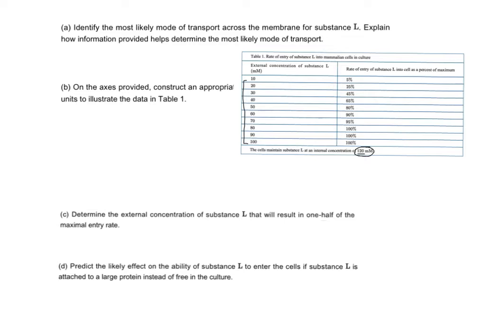So we're always going from low to high when we're measuring, in this case, the rate of entry of substance L into the cell. So what type of transport moves substances from low to high? Well, that's active transport. So that's what we're going to identify first, active transport.